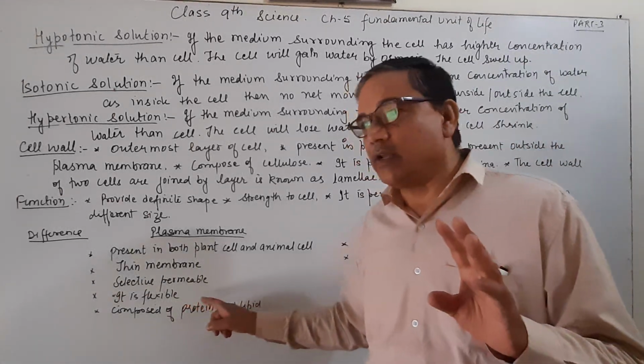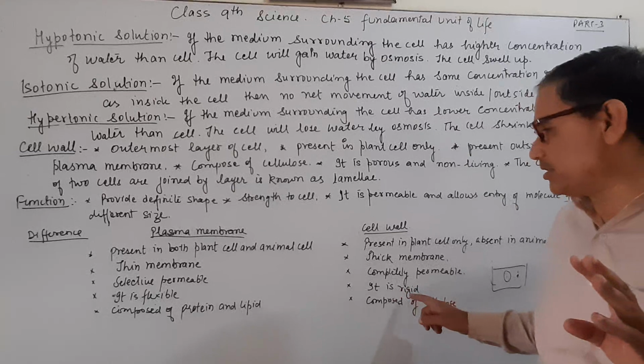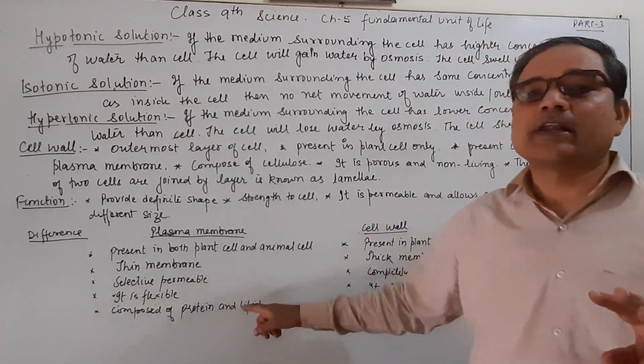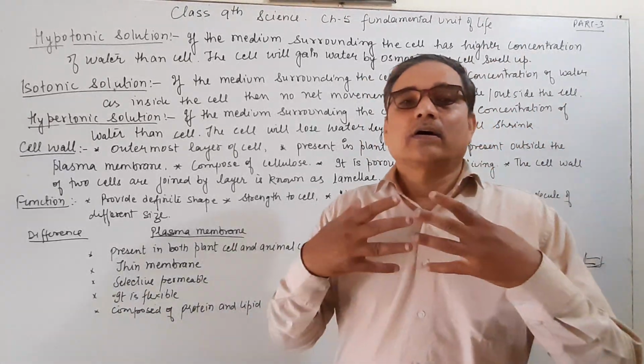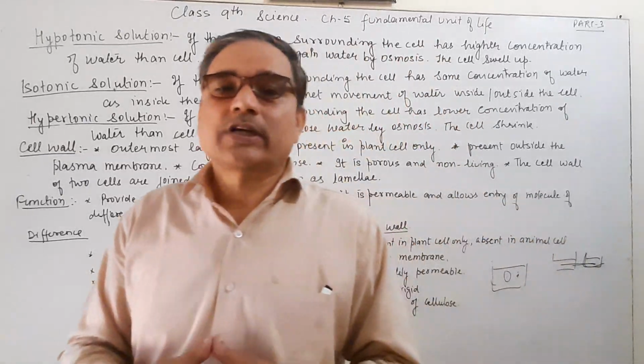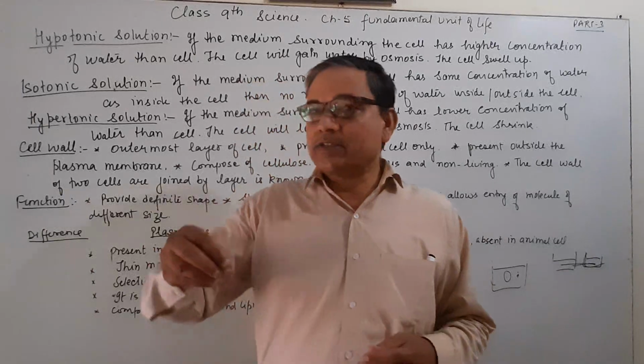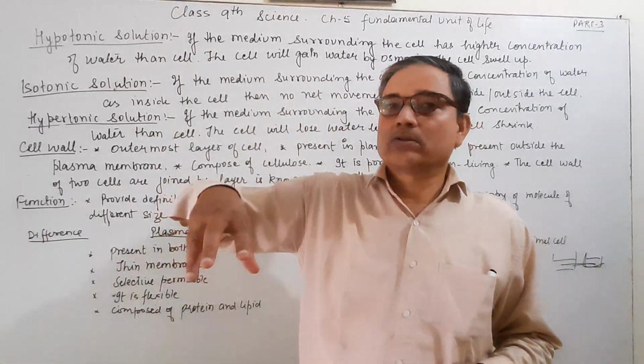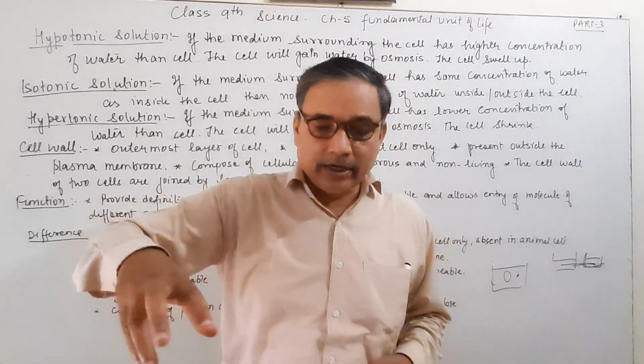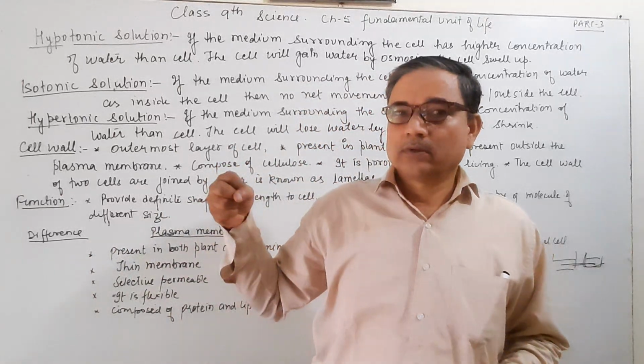It is flexible; the cell wall is non-flexible, means rigid or hard. Plasma membrane is composed of protein and lipid, whereas cell wall is composed of cellulose.